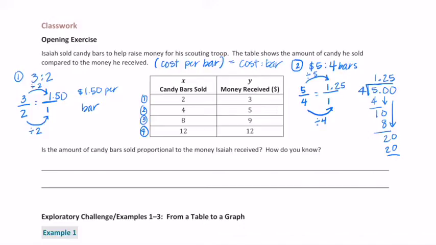Okay, so without having to go any further, let's look at our table. For the first situation I multiply by 1.50, and for the second I got 1.25. If I do it for 8, it's going to be different. But I don't have to go any further than that because I already see that what we multiply by, at least between these two situations, is not equal.